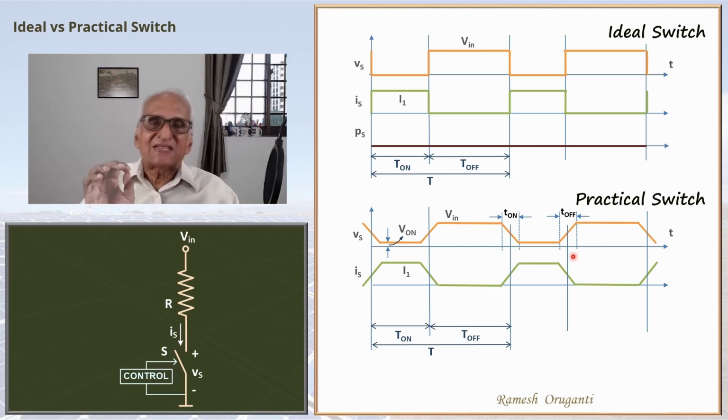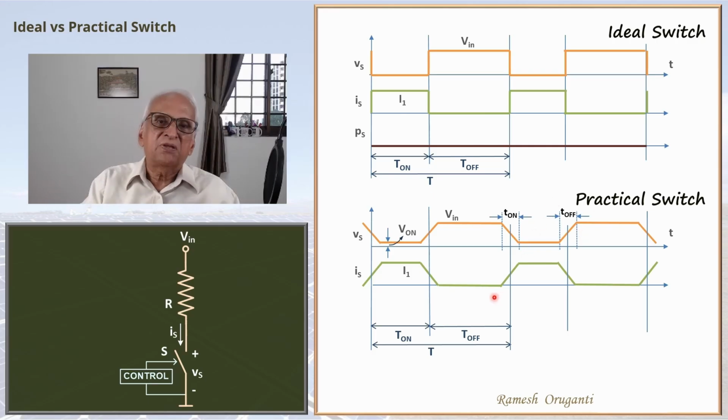Notice that the transition in a practical switch does not take place instantaneously, whereas in the ideal switch, we assumed that it takes place instantaneously. The current waveform likewise will change from I1 to 0 when you switch off the switch over a period which is T off interval.